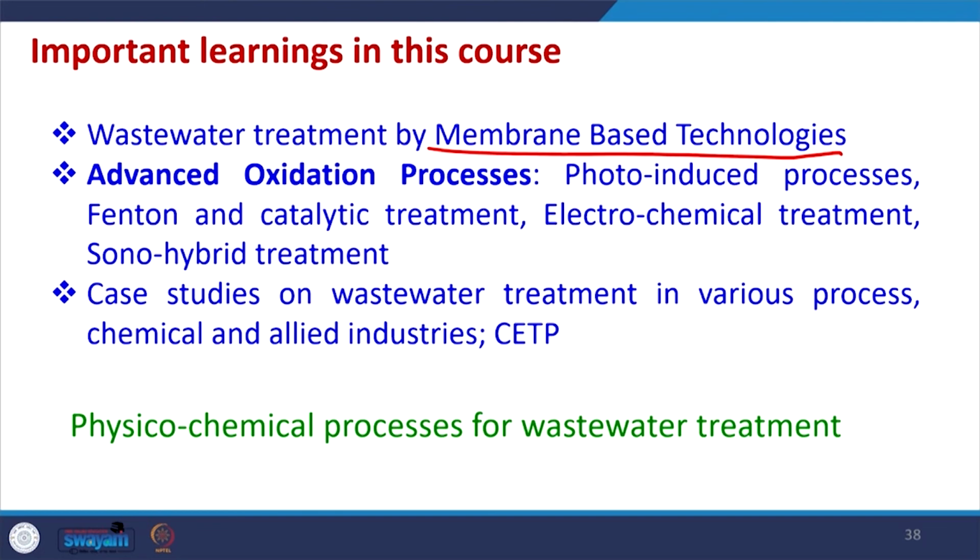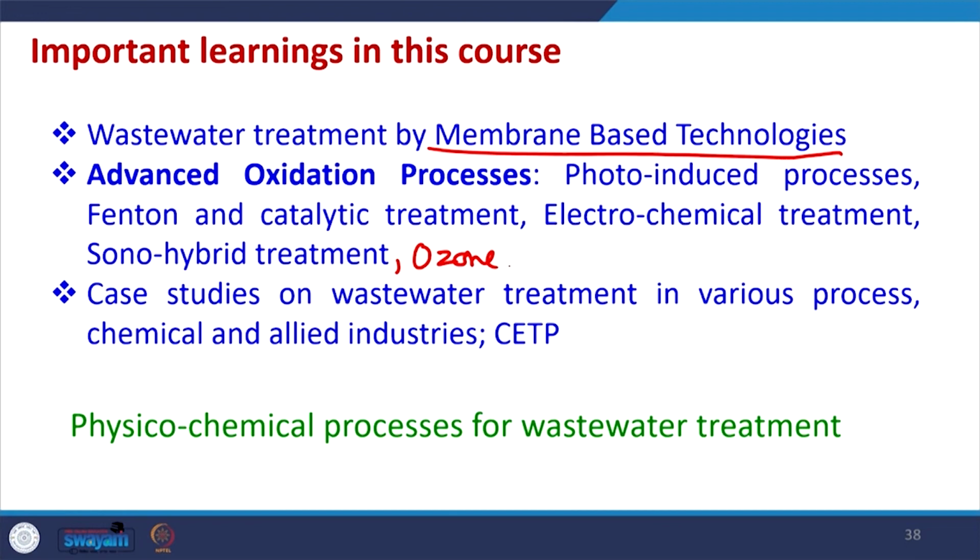Thereafter, we studied the advanced oxidation processes, and these included photocatalysis, Fenton processes, catalytic wastewater treatment, then electrochemical treatment, ozone treatment, etc. And then the hybrid technologies also, including the sono hybrid treatment techniques.